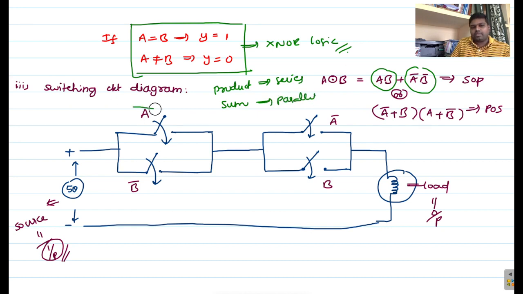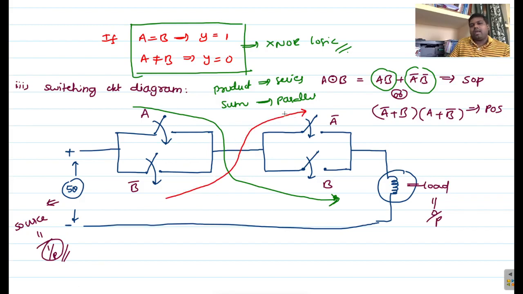This is the A switch and this one is the B switch. So these two are in series connection. If you ignore the A bar and B bar switches, then this AB forms a series connection, right? In the same way, if you ignore the A and B switches, then this A bar B bar will form a series connection. And these two series connections are in parallel.